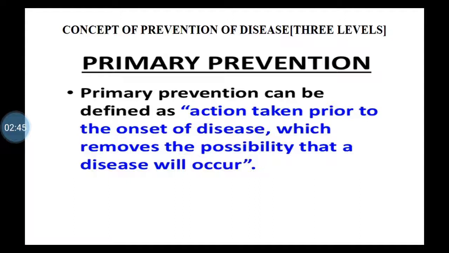Now, first level is primary prevention. The definition of primary prevention is action taken prior to the onset of disease, that means start of the disease, which removes the possibility that a disease will occur.